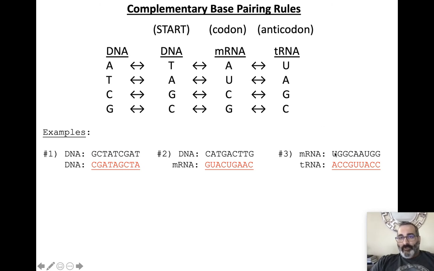So here we go: U becomes A, G becomes C, G becomes C, C becomes G, A becomes U, A becomes U, U becomes A, G becomes C, and G becomes C. Once again, these are the complementary tRNA bases that go with the mRNA bases. These down here are the complementary mRNA bases that go with the DNA, and over here is complementary DNA that goes with the original DNA. All right, we will stop there.